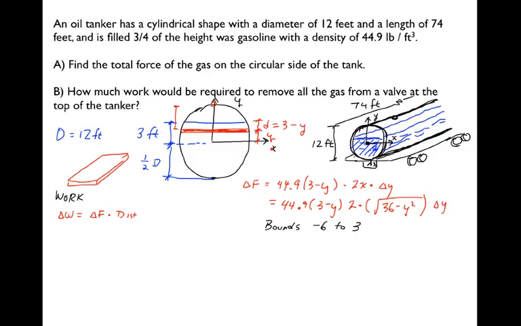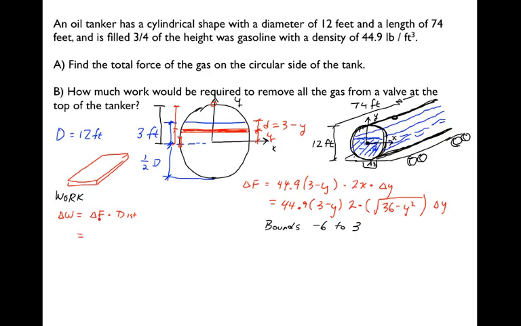So it's the same idea here, but now it's going to be 6 minus y, not 3 minus y, right? Because it's going to be the whole radius, 6 minus the y coordinate. Here's the y coordinate of the slice. The whole radius is 6. So the distance that we have to move it is 6 minus y now.